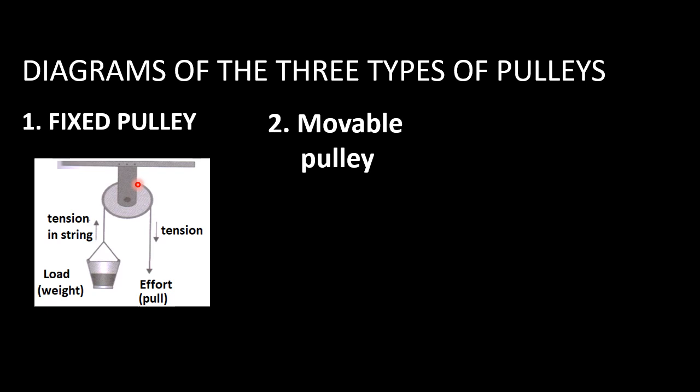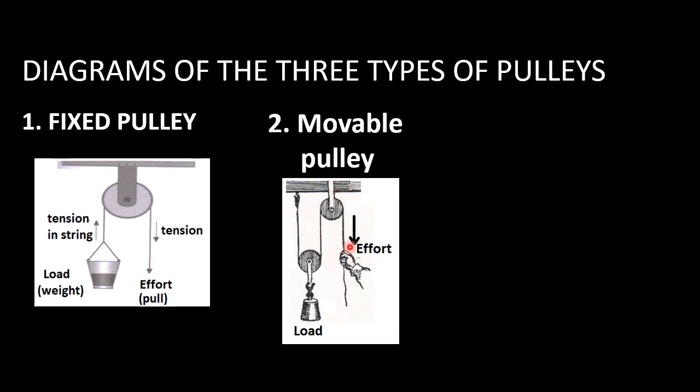The second type of pulley is what we call movable pulley. As the name suggests, it has a moving part. For example, when you pull this down, this lower pulley here will go up. As it is going up, it is also pulling along with it the load.